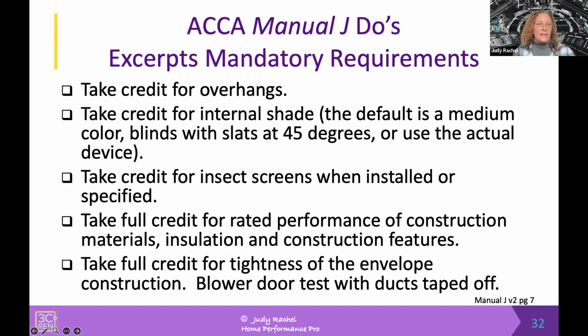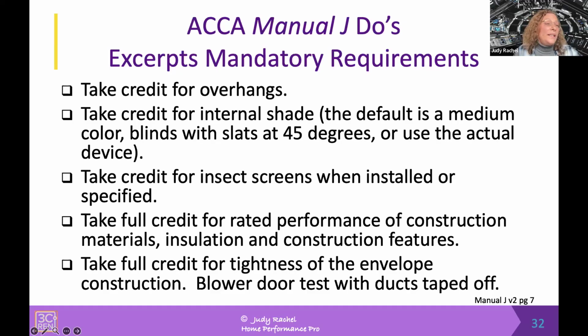There is a default that's suggested by the load calculation procedure, and that's to use what's called the medium color blind with slats at 45 degrees. So there is some guidance because there's very few people who don't have some shading devices on most of their windows.